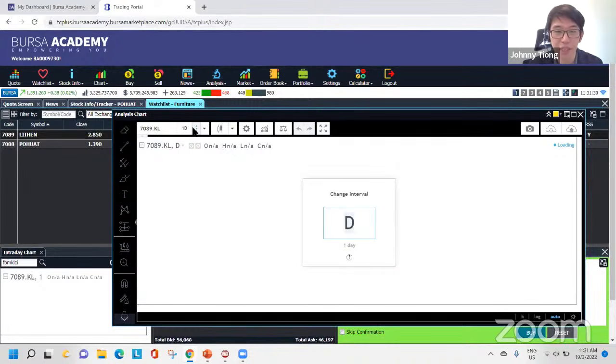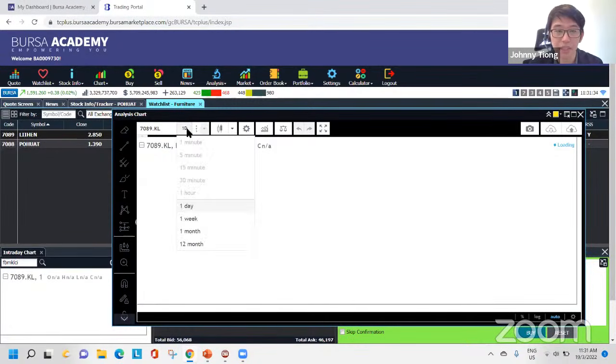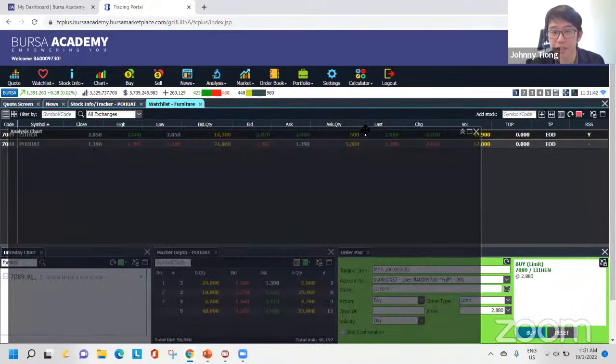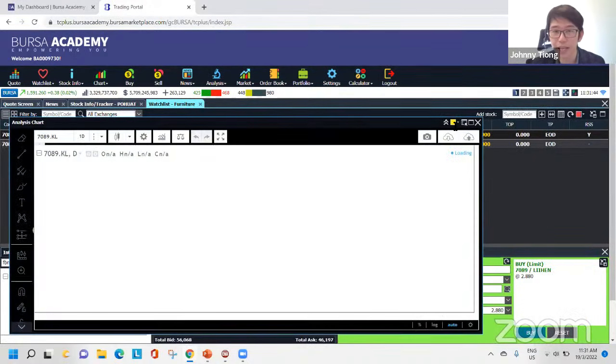You want to look at the daily chart, monthly chart, minute chart, up to you. It can be done. The key takeaway point is the color function, that I want everyone to know that we have such a good function.